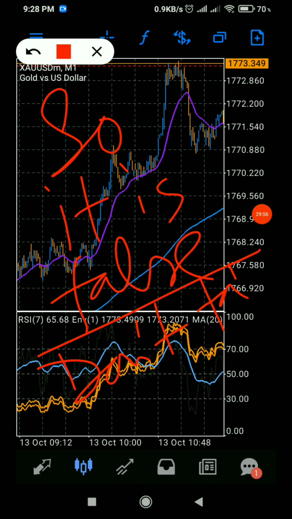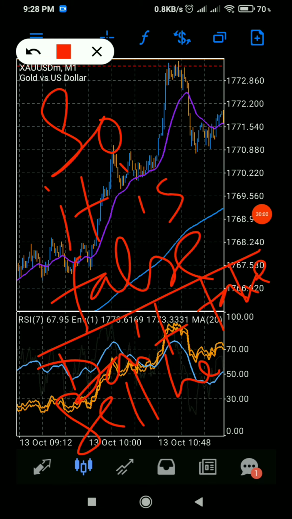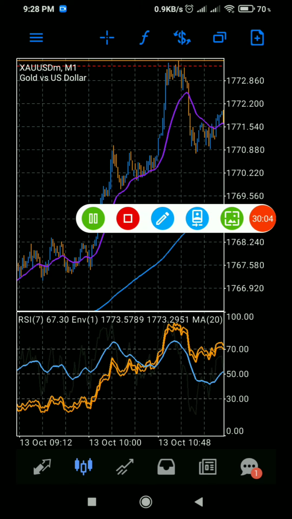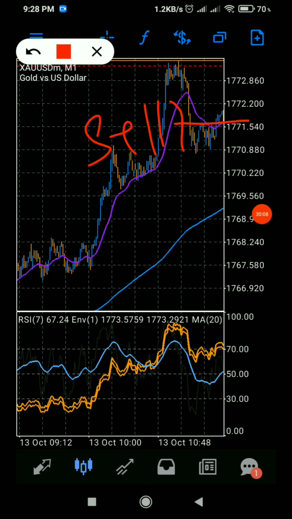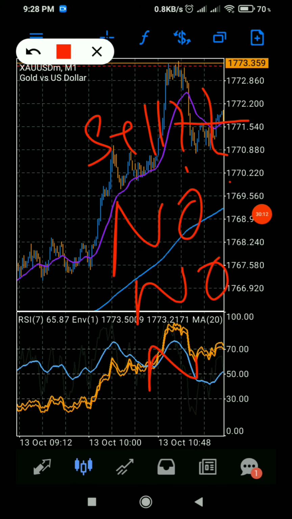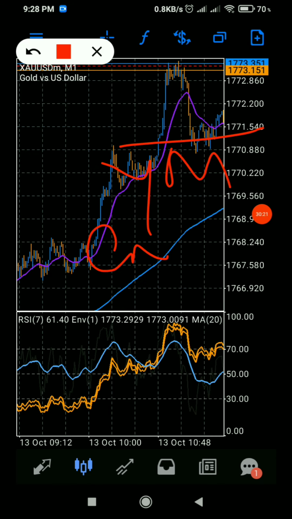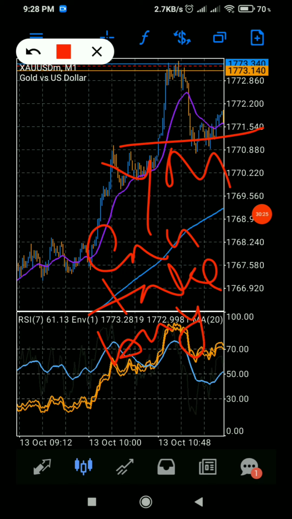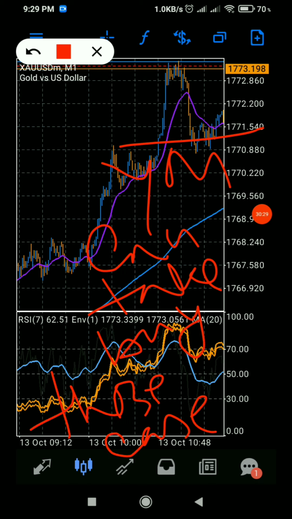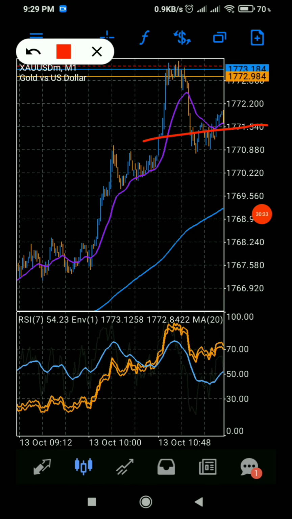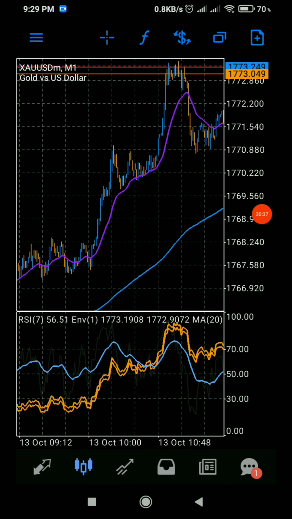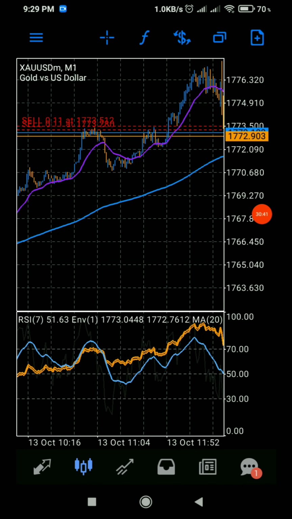Definitely, don't take any sell entries from here. No, you can't take sell from here. You can take opposite entries, that is the buy from here.